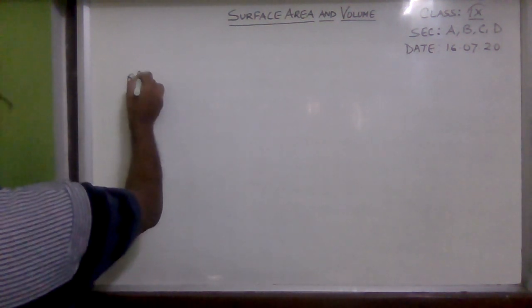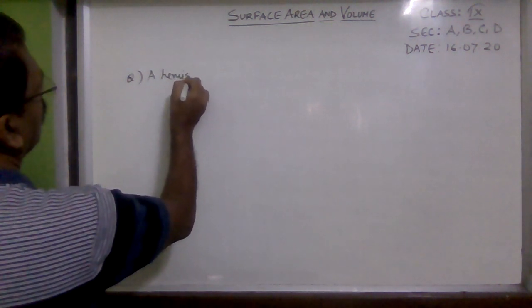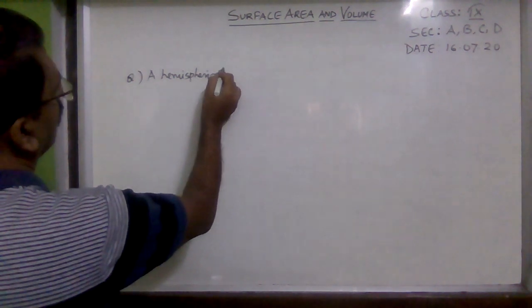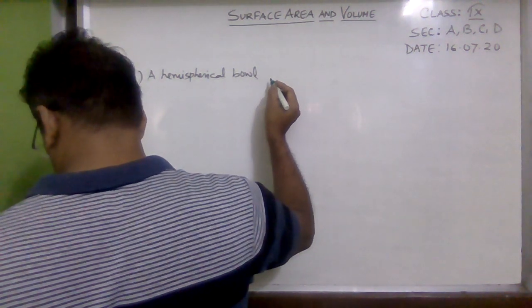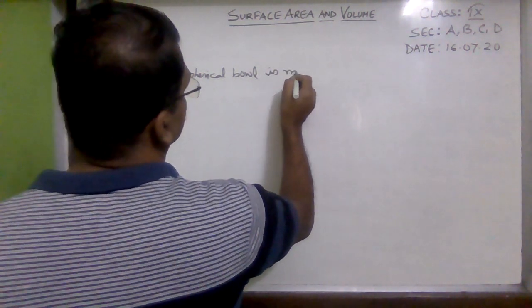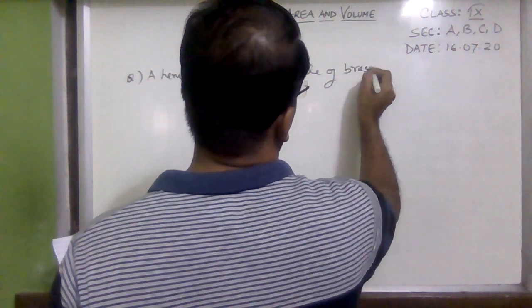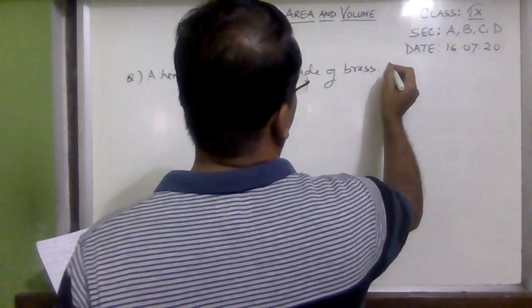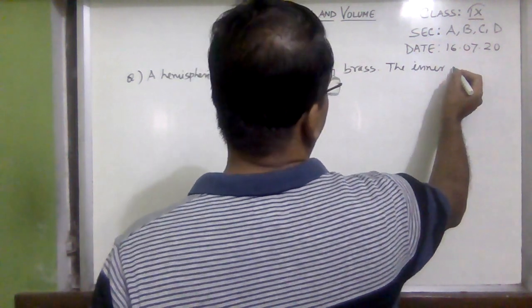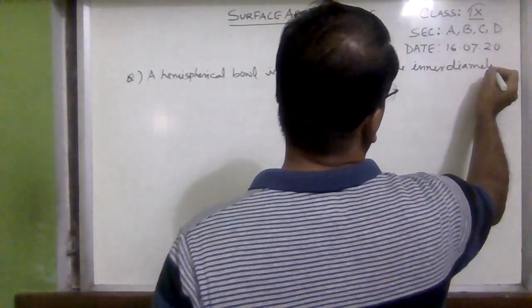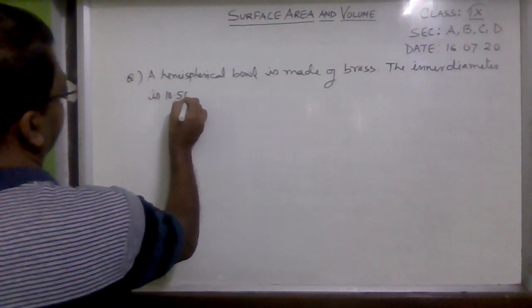Next question is a hemispherical bowl is made of brass. The inner diameter is 10.5 centimeter.